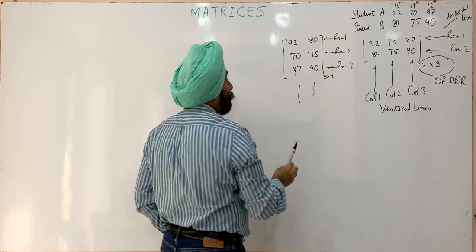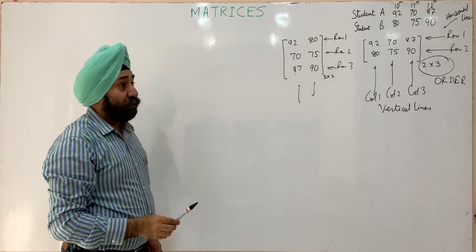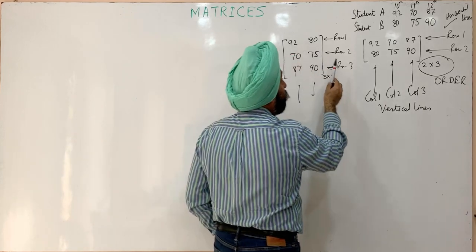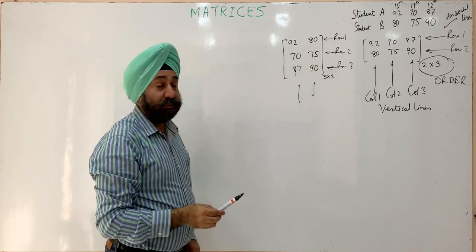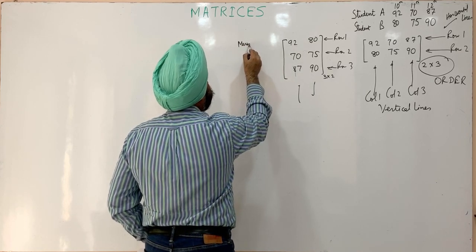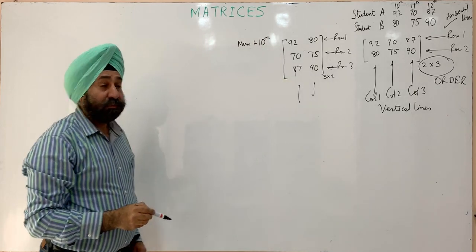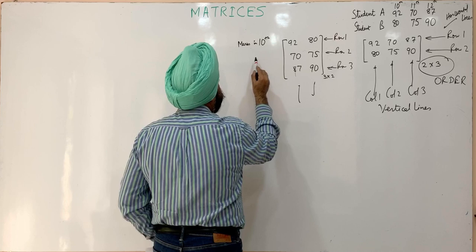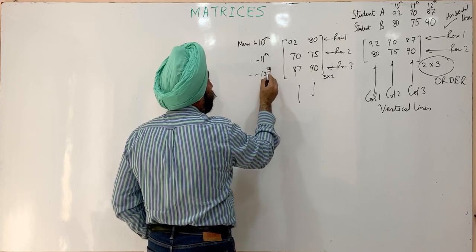So in this representation, what does row 1 represent? Row 1 is 92 and 80. What are 92 and 80? These are marks in class 10. The second row is marks in class 11 and the third in class 12.